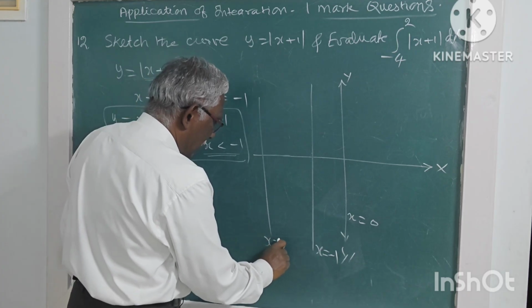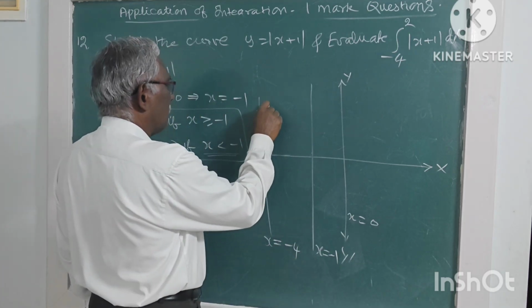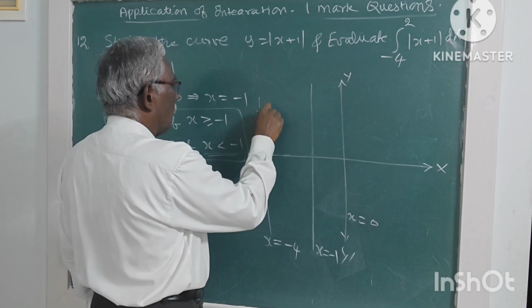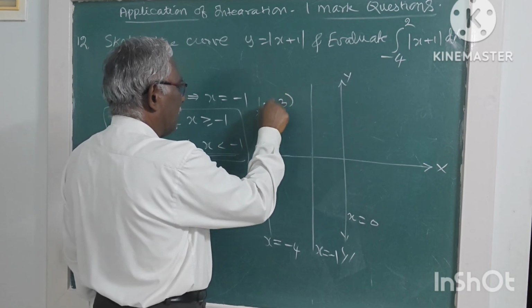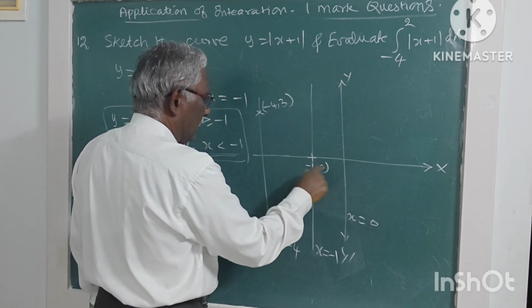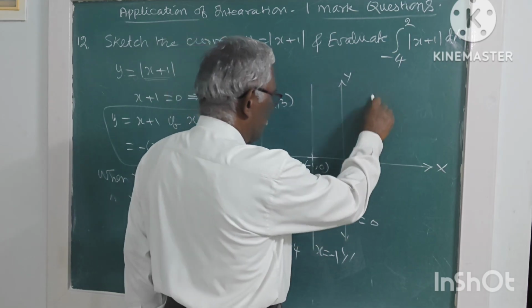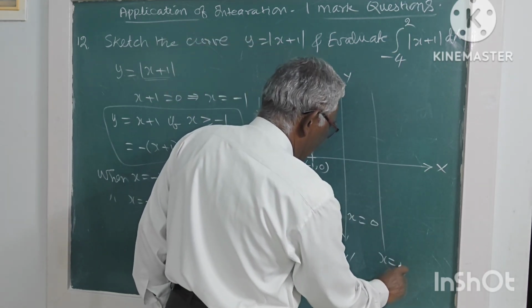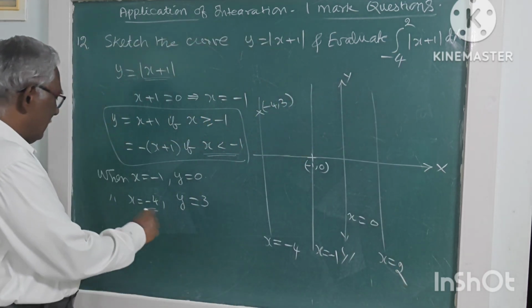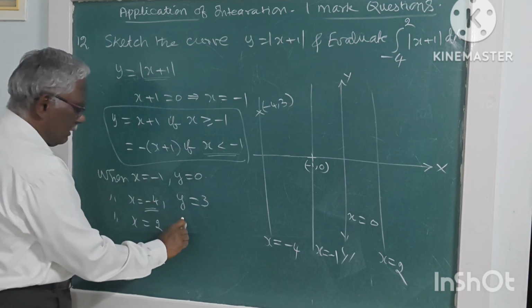So this x is minus 4 and y is plus 3. So minus 4 comma plus 3, and this minus 1 comma 0 is another point. And when x is equal to 2, y is 3.